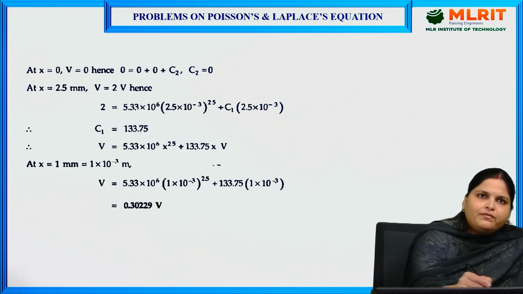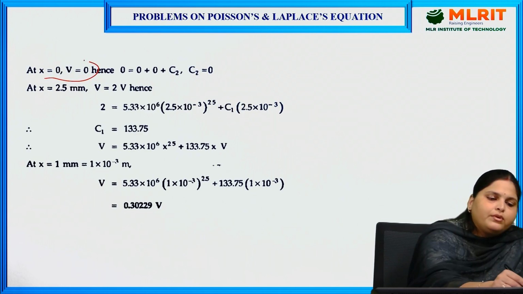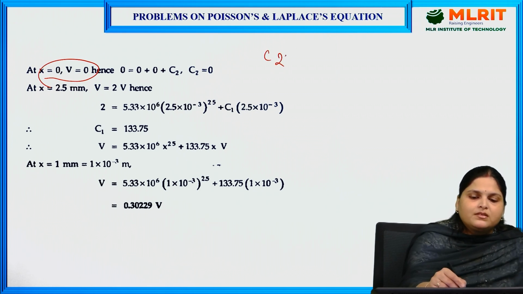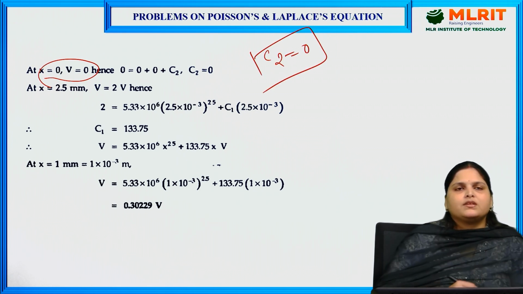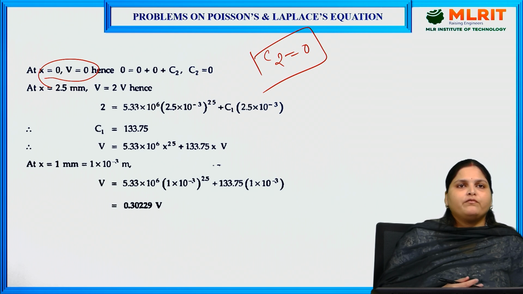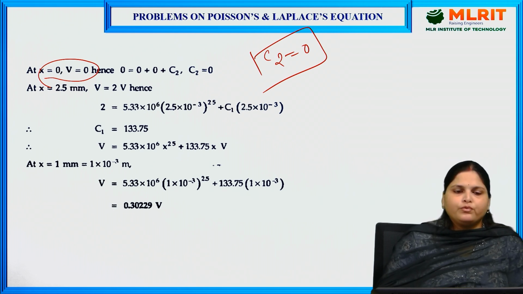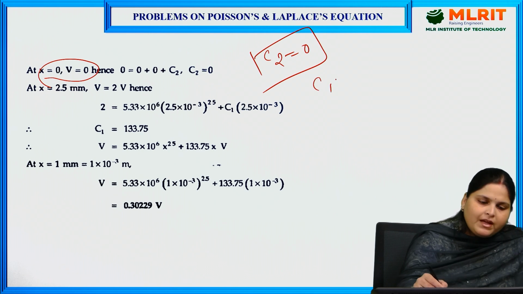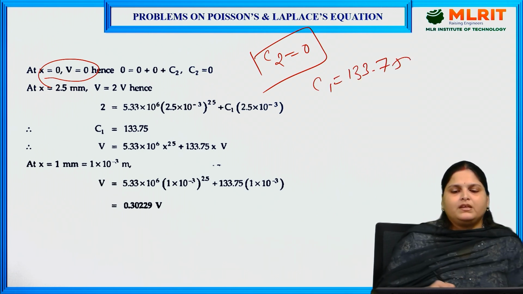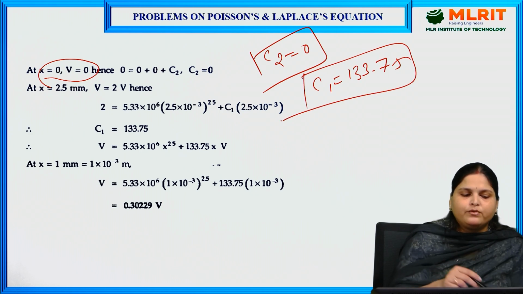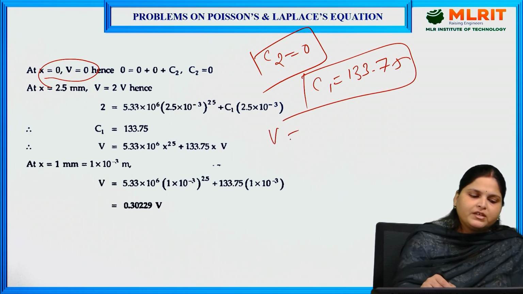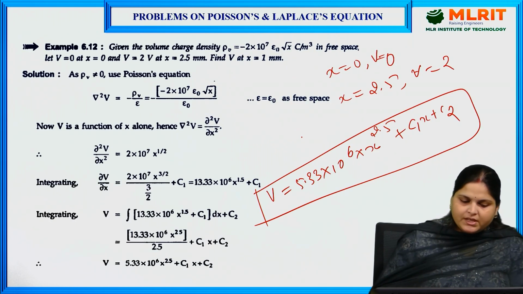When we put x is equal to 0 and V is equal to 0, we get C2 is equal to 0. Then when we put x is equal to 2.5 mm and V is equal to 2 volts, we get C1 value as 133.75.